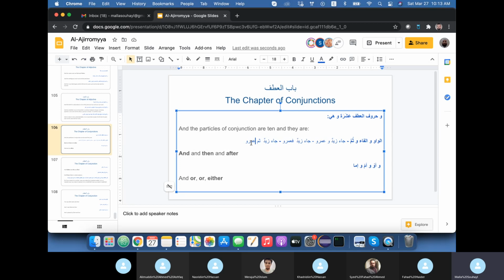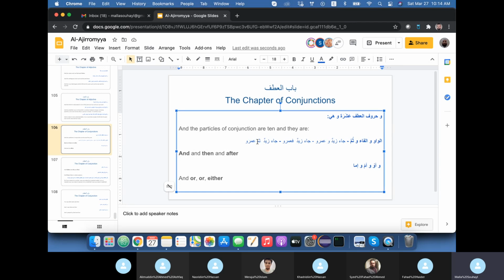But word by word in Arabic, it's like came Zayd after Amr. And we have to realize that what comes after thumma is what comes last. But in English, what comes after is what comes first, right? For example, you say Zayd came after Amr, it means Amr came first and then Zayd came.